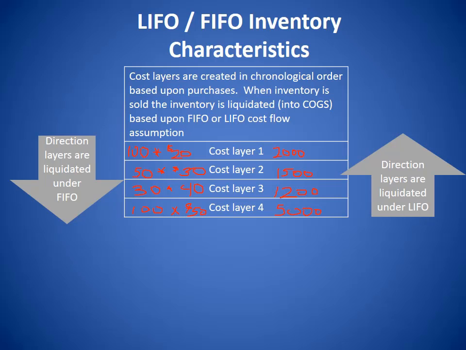So at this point in time, if I added up my entire inventory amount, it would add up to $3,500, $4,700, $9,700, I believe, if I do my calculations right. That's adding cost layers 1, 2, 3, and 4.